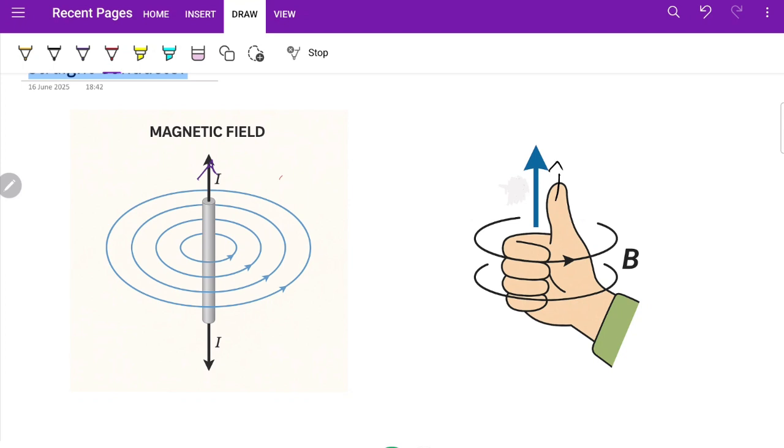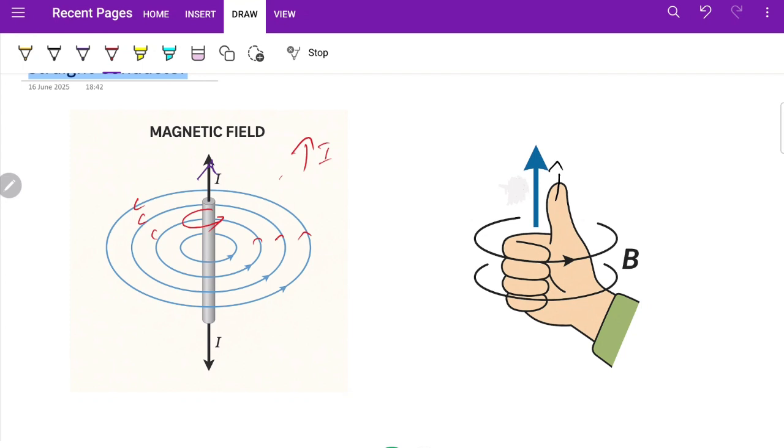So here if current is flowing in this upward direction, the magnetic field is concentric circles starting from the right side and ending at the other side. So they appear like this. That means they originate at this position and at this position.